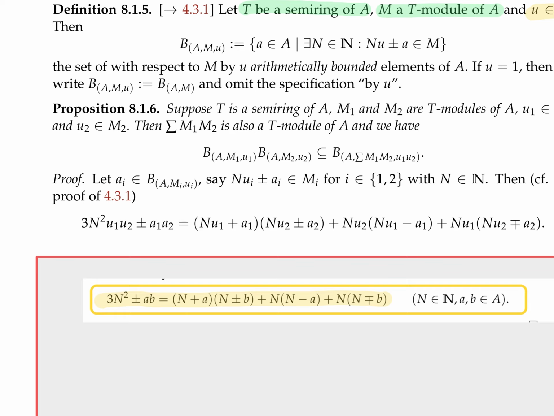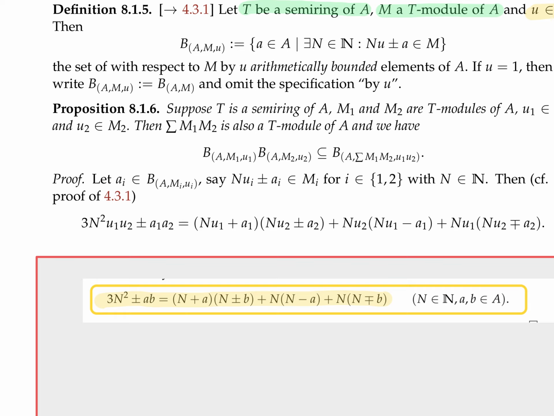I have u1 and u2 here, which are 1 in some sense. I have here 3n squared u1 u2 plus or minus a1 a2 equals n u1. Instead of n times 1, I have n times u1. Here instead of n, I have n times u2. And here I have n times u2 instead of n, and n times u1 instead of n, and here in the same way. But otherwise it's the same, right?